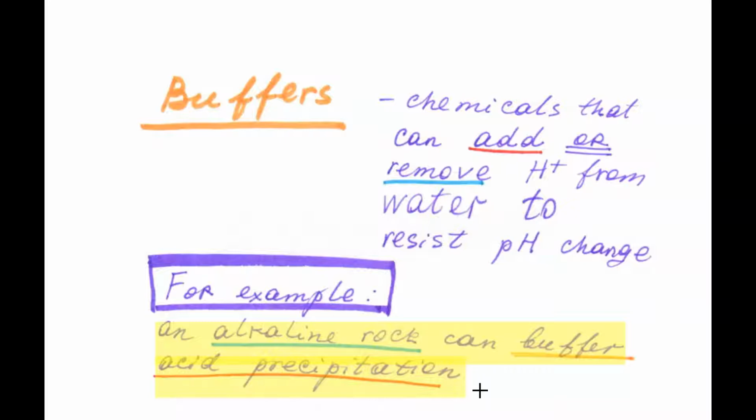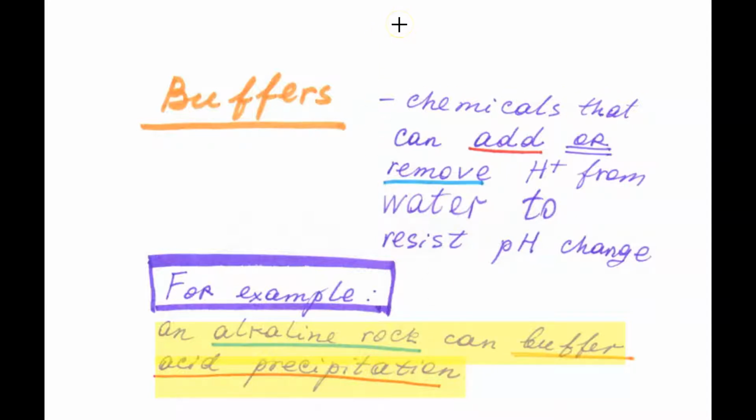Unfortunately, due to air pollution, acid rain is a very frequent phenomenon. And so if I collect the rainwater and measure pH, it will be pretty acidic, right? So in our environment, there are chemicals that can fight this acidity, such as, for example, alkaline rock.